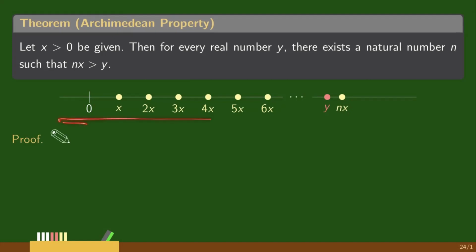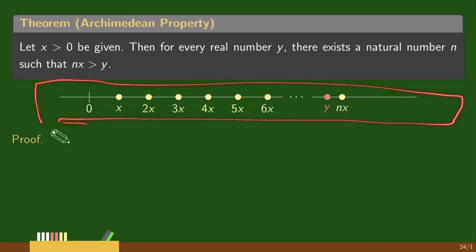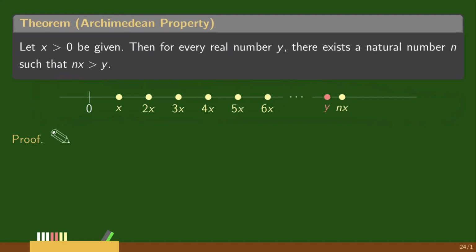Tatandaan nyo yung mga drawings natin. Ito ay based on our experience. This is not based on the axioms. That's why these pictures don't necessarily give a proof. No? It will give us an idea about the proof, but this will never serve as a proof.